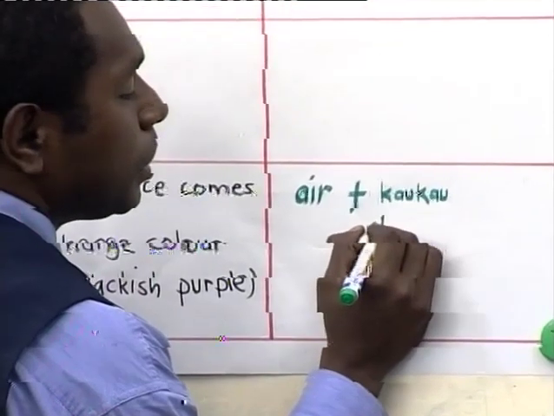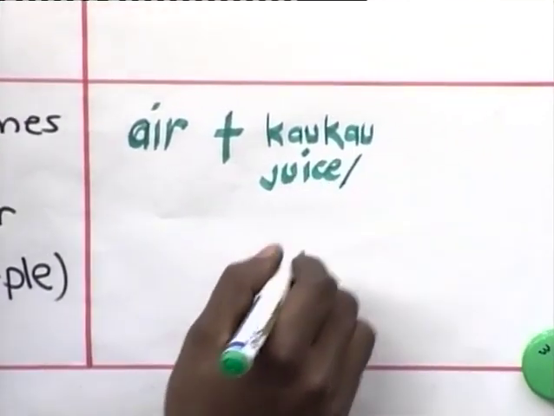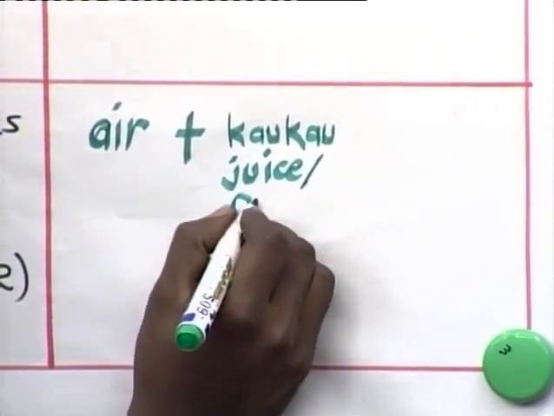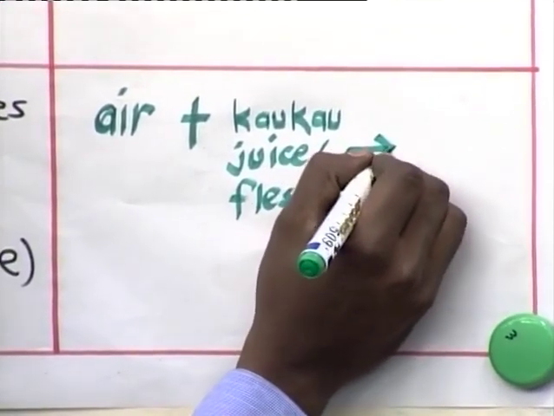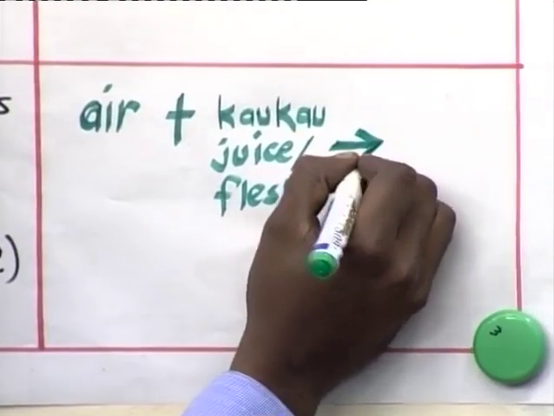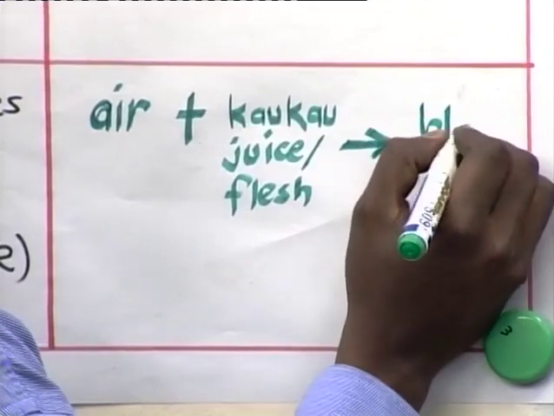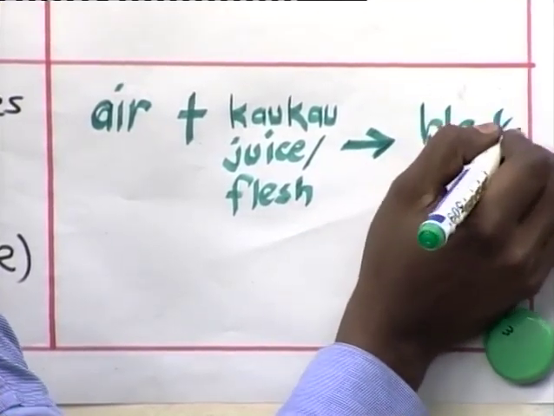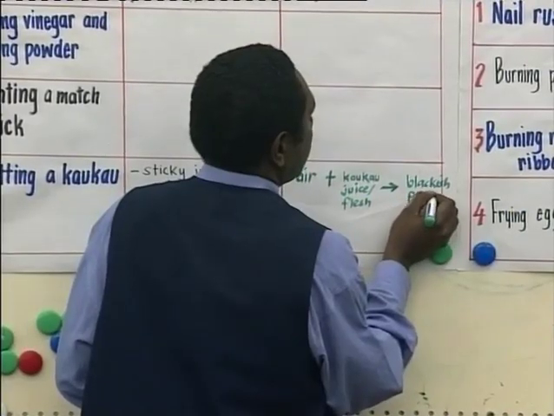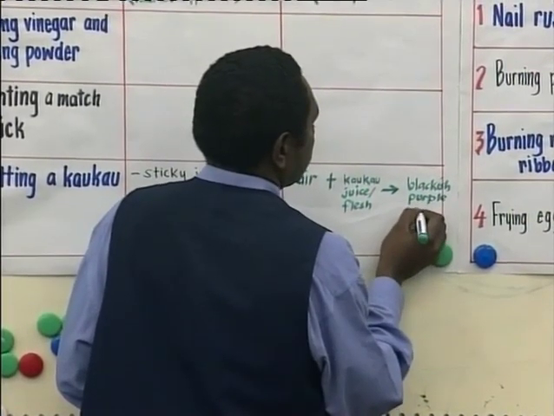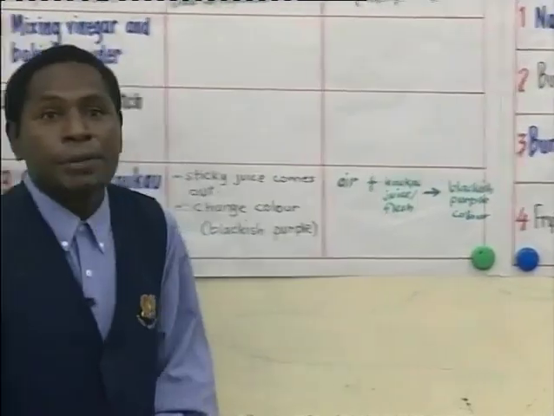Cow juice and also the flesh gives that blackish purple color.